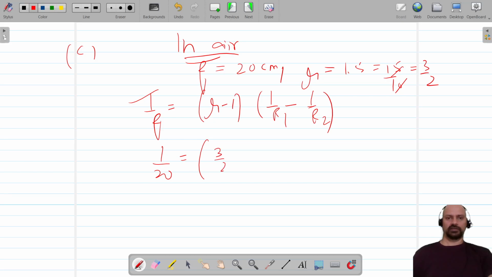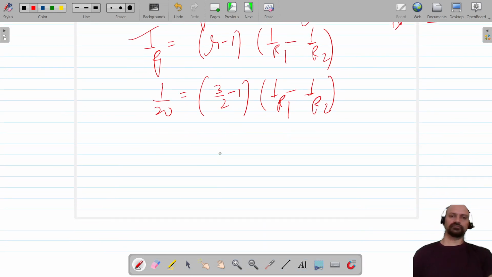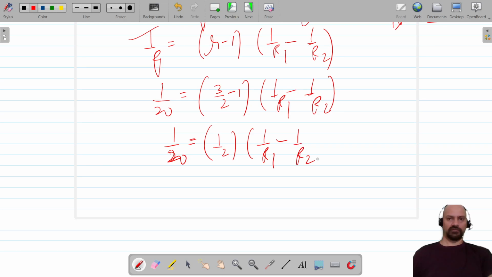So this is 1 by 20 equals (3 by 2 minus 1), which is 1 by 2, into (1 upon r1 minus 1 upon r2). So 1 upon r1 minus 1 upon r2 is 1 by 10. So this is the value, 1 by 10.